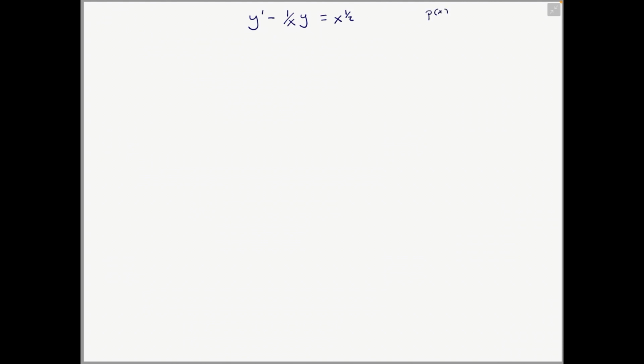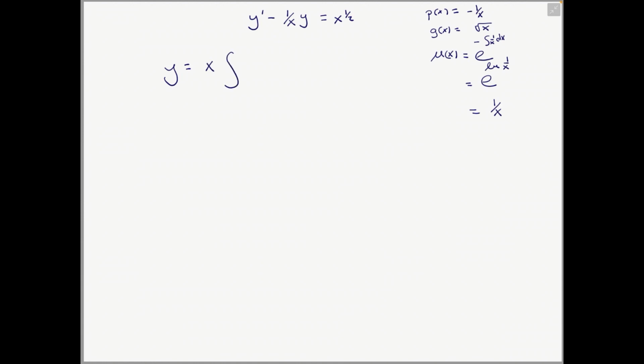So here we go. P of x equals minus 1 on x. G of x equals square root of x, and mu of x equals e to the ln of 1 on x, 1 on x.